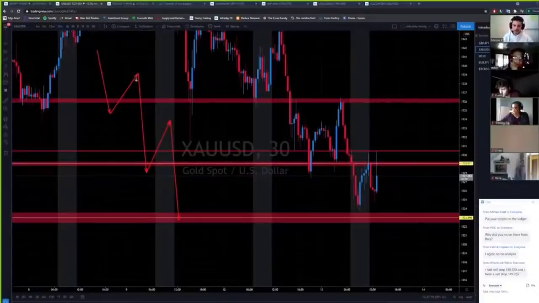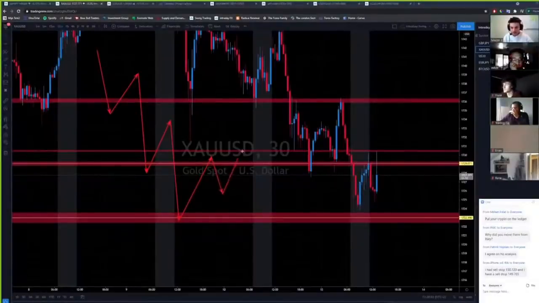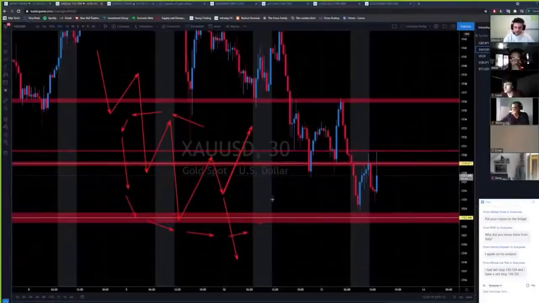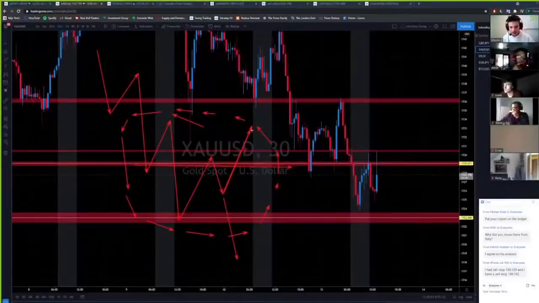But if price then creates a low and then creates a lower high, but also creates a higher low, then that starts to conflict with your idea to continue lower. Especially if price starts to go back up, a lot of people call this a sort of head and shoulders, I guess. But it's really more of a counter trend. It's just the market structure breaking its structure and then continuing in the opposite direction.